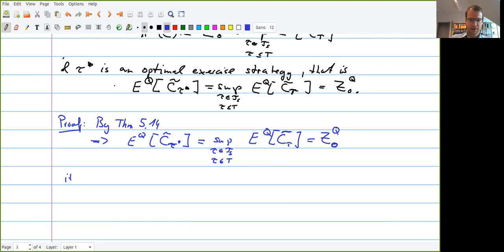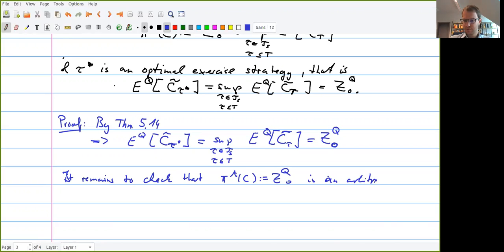So what remains is to check that this P_A of C, defined as our Snell envelope at time 0, is an arbitrage-free price for the American option, right?